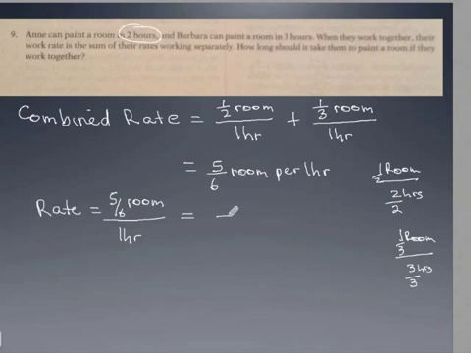So we are looking for the time. And we know how many rooms. It's only one room that they need to paint. And using traditional algebra, we know that it'll take them 6/5 hours, which is 1 hour and 12 minutes if they work together.